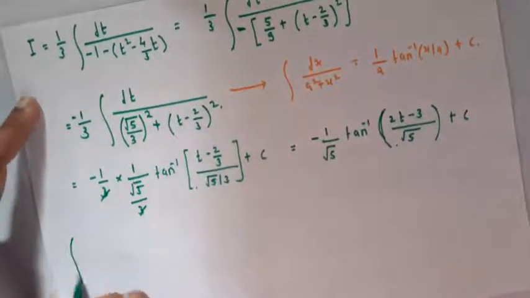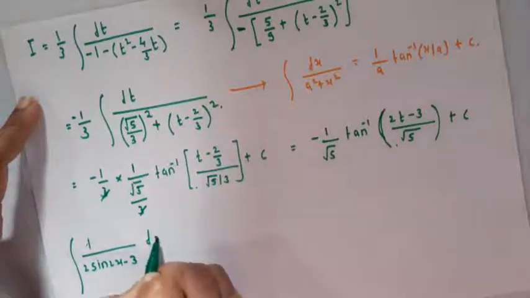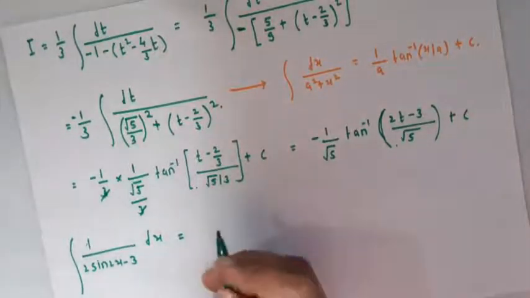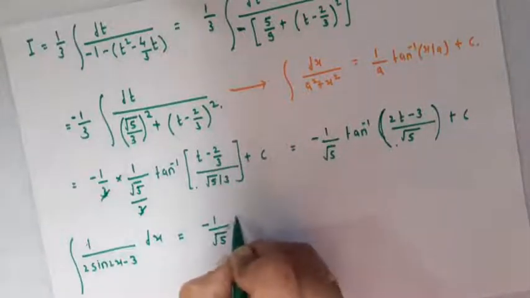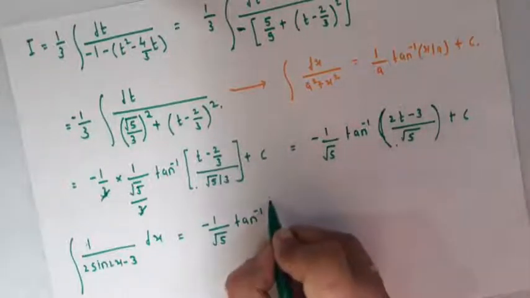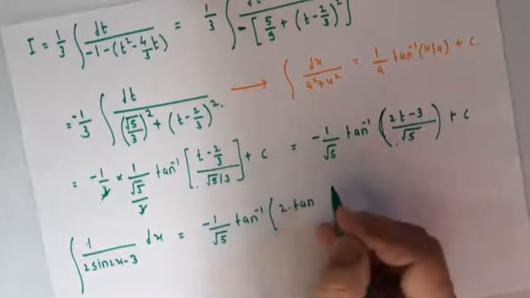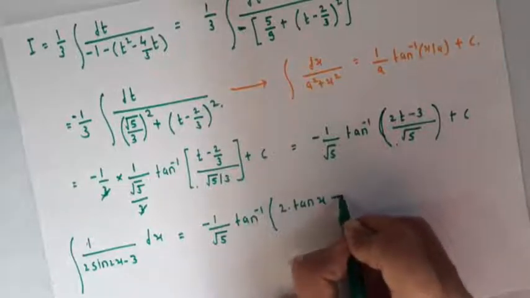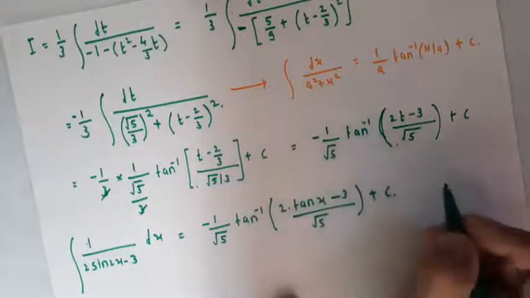Now resubstitute the value of t. Hence integration of 1 upon 2 sine of 2x minus 3 with respect to x is equal to minus 1 upon root 5 tan inverse of, put the value of t, that is 2 into tan of x minus 3 upon root 5, plus constant of integration c.